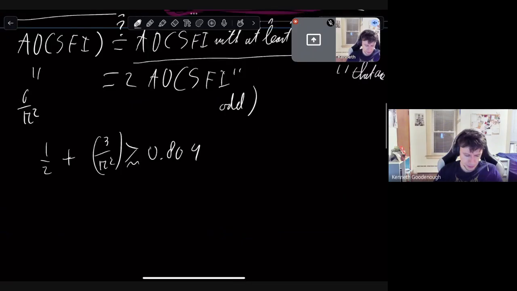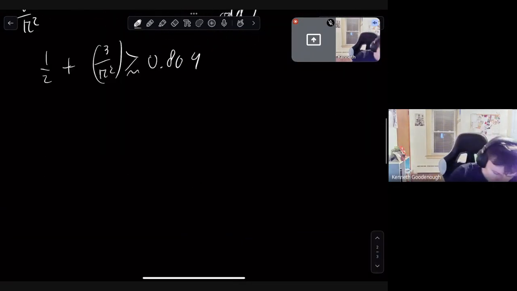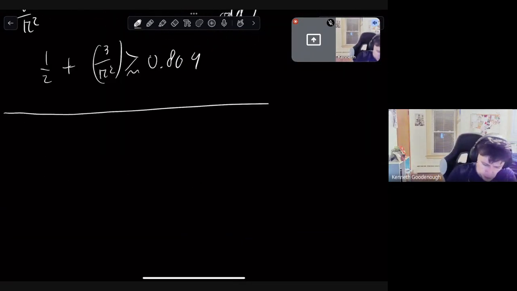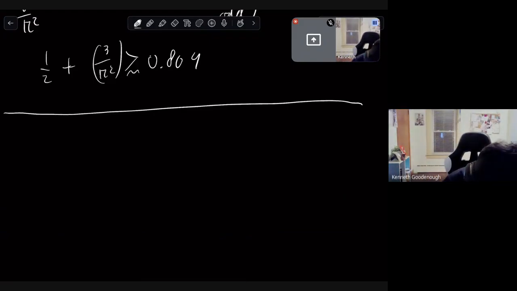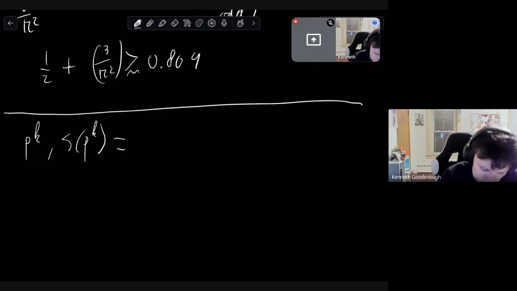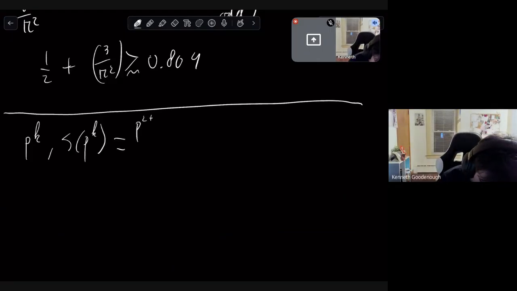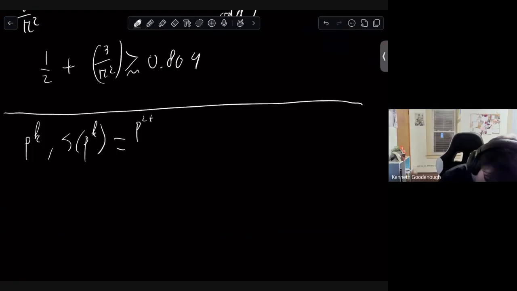Okay, let's see. What do I want to do? I know that for a given p^k, if I calculate s of p^k, I get out p to the power 2k plus 1, plus 1, divided by p plus 1.